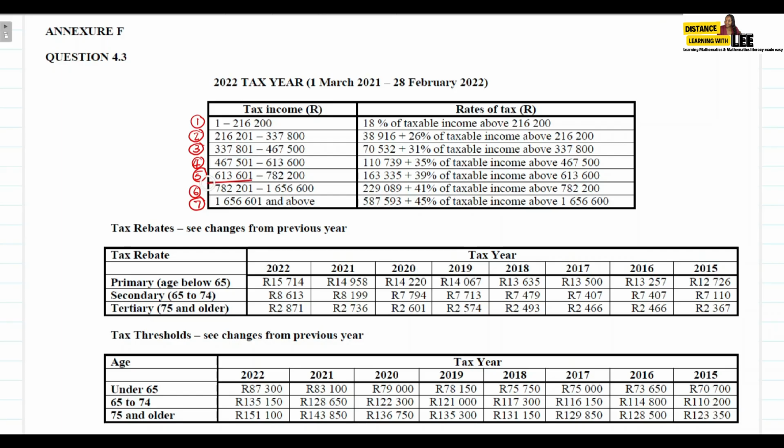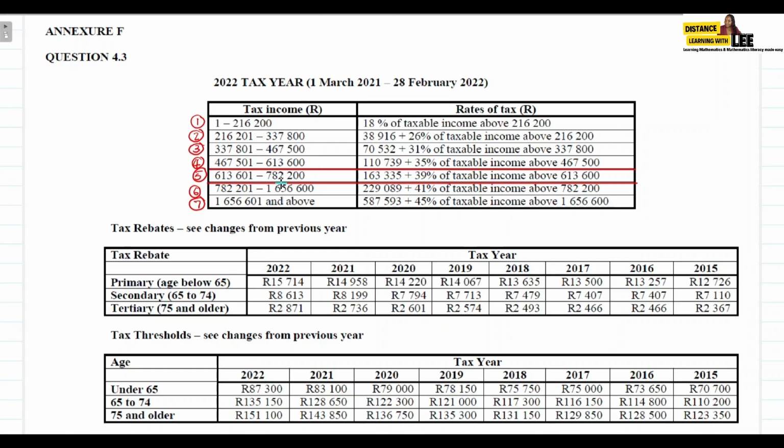You'll notice that 663,000 is in the fifth tax bracket, because it is an amount between 613,601 and 782,200.